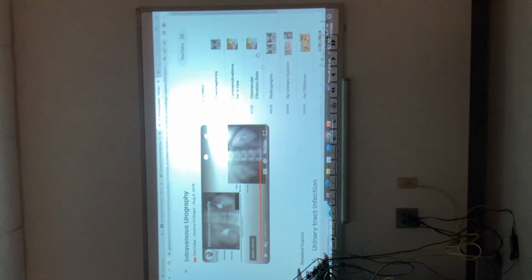It's not showing it as well. But this is an example of our IVP or IVU. So it'll more so be the papilla region of the pyramids out here that is going to enhance first, and that's what we call the blushing phase.